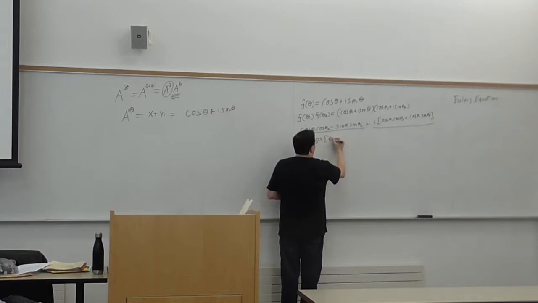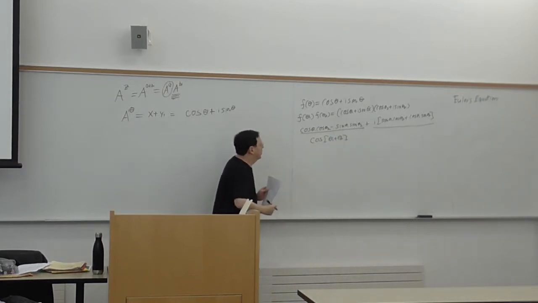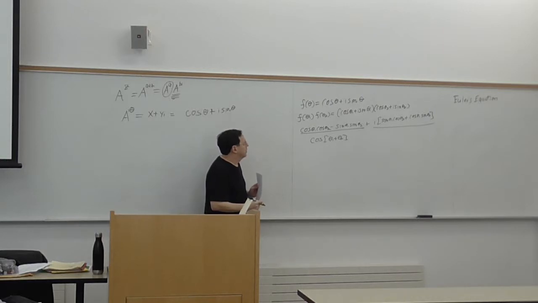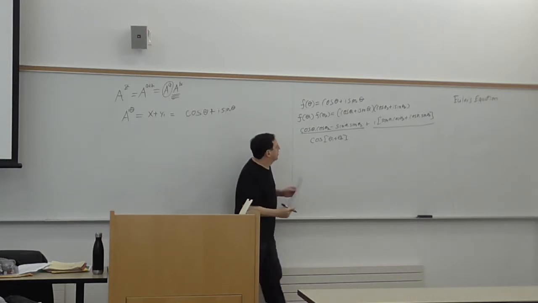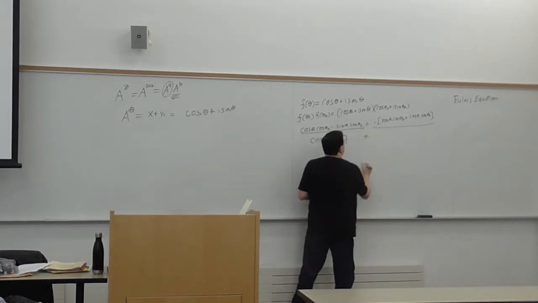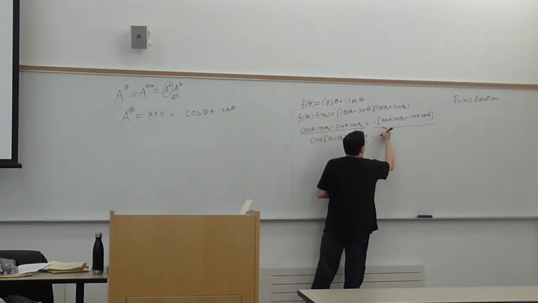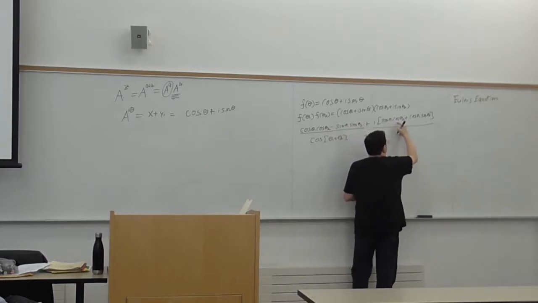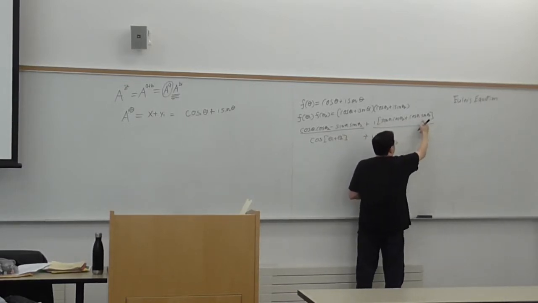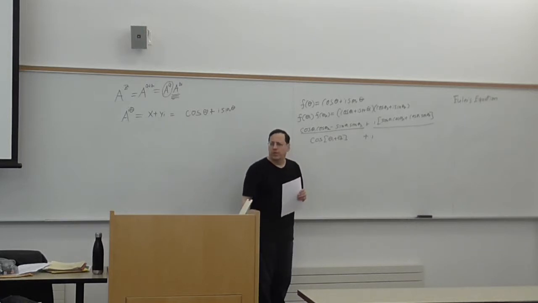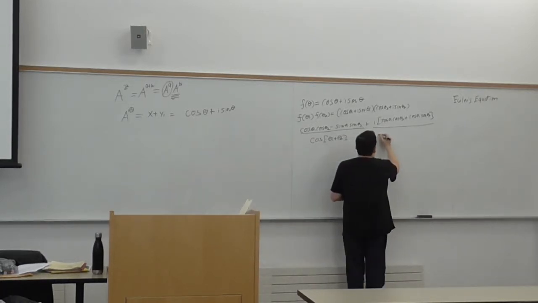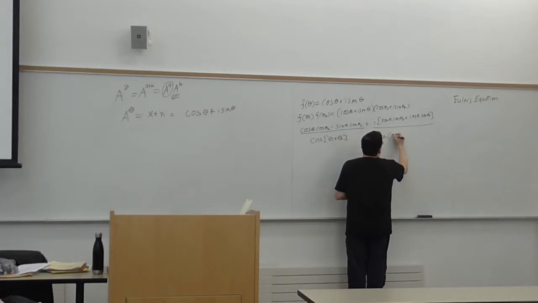This is just cosine of theta 1 plus theta 2. This is the addition formula. Or one version of the addition formula. Right? What about this guy here? Sine theta 1 cosine theta 2, cosine theta 1 sine theta 2. That's also an addition formula. That's just the sine of theta 1 plus theta 2.